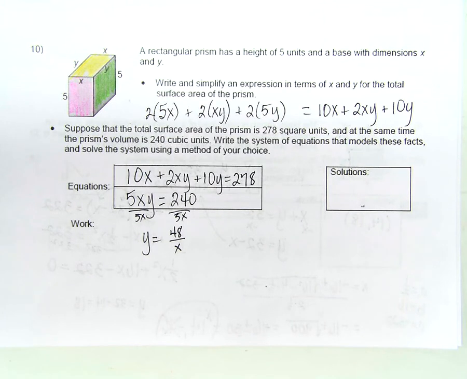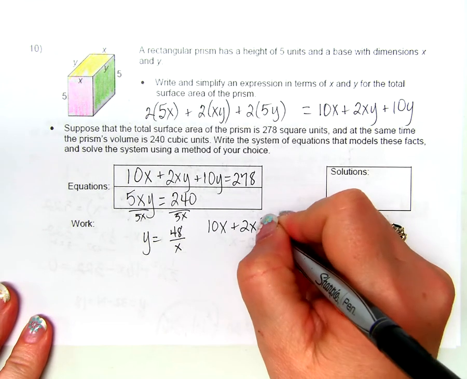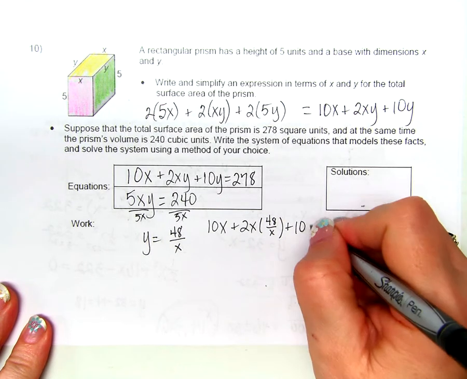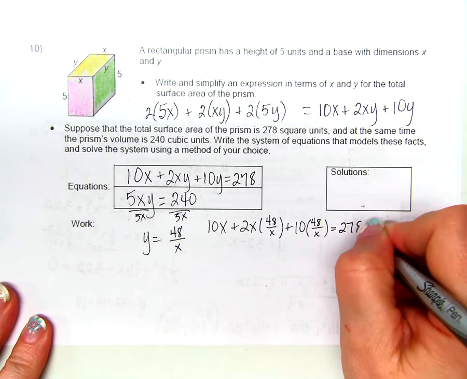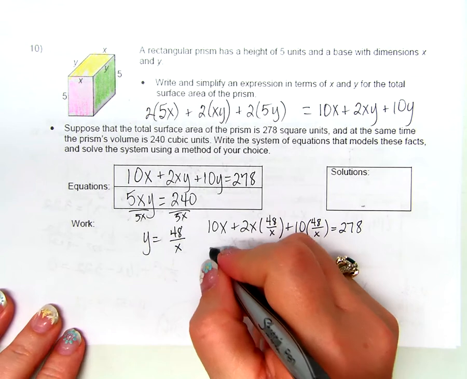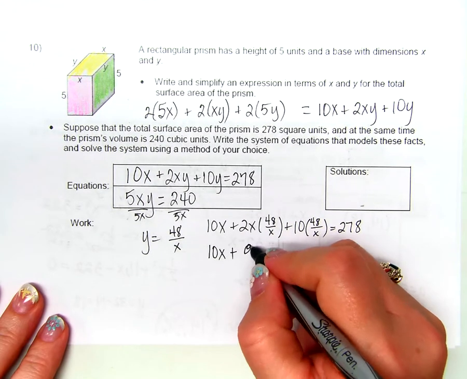So what do I do with that information? Anywhere in the other equation, I substitute that value in, don't I? 10x plus 2x times y, but I know that y is 48 over x, plus 10y, except I know y is 48 over x, equals 278. So 10x plus 96.